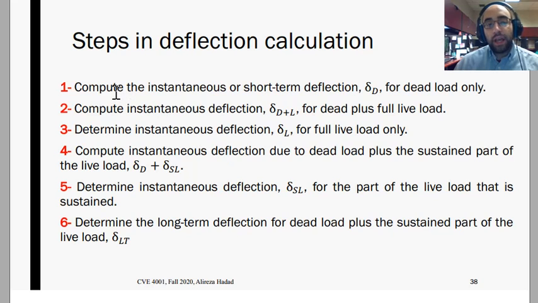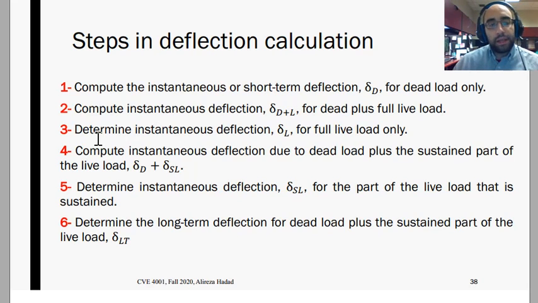At first, we have to find the immediate deflection due to dead load. Then, as I said, because of the sequence of loading, we always have live load on the dead load. We never have live load alone. That's why if we want to find the deflection due to live load, we have to consider deflection due to dead and live together and then subtract the deflection because of dead load.